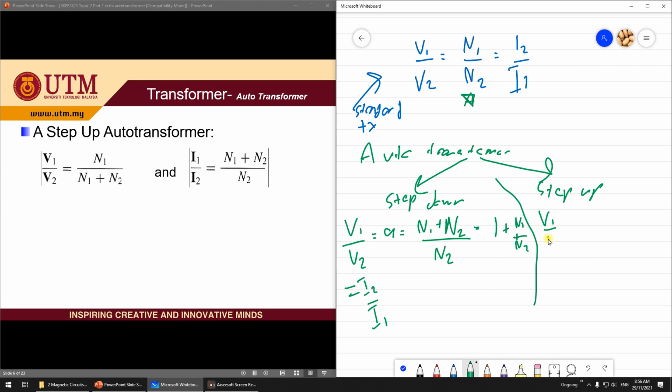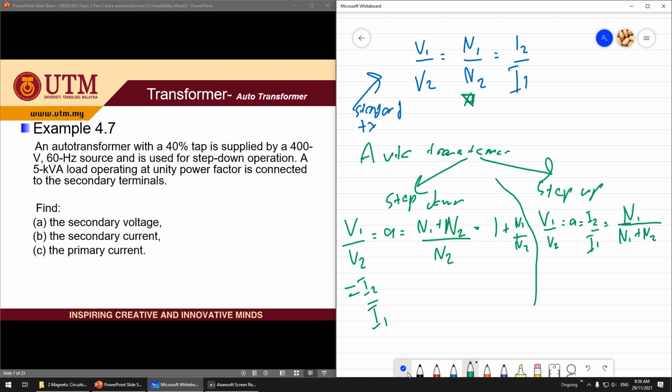So of course, V1 divided by V2 equals A equals I2 divided by I1. Now instead, the changed one is N2, N1 plus N2. So make sure you memorize the formula. This is for step up. So for step up, the bottom one needs to be N1 plus N2, and for step down, the upper one needs to be N1 plus N2.